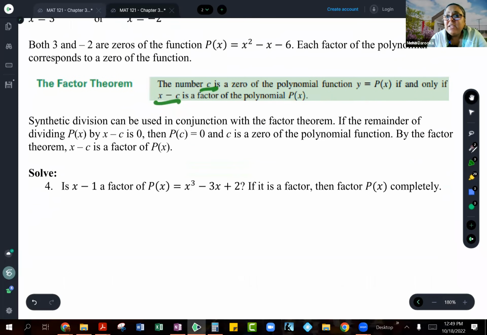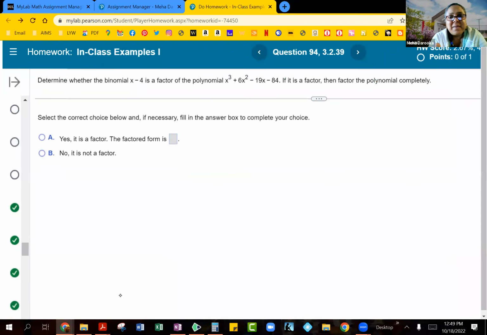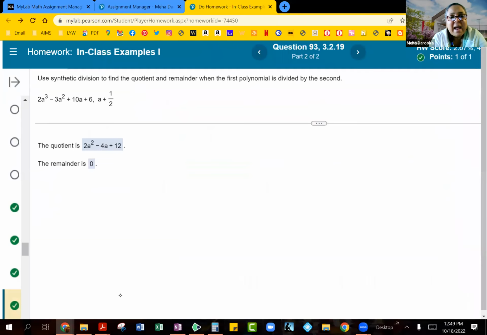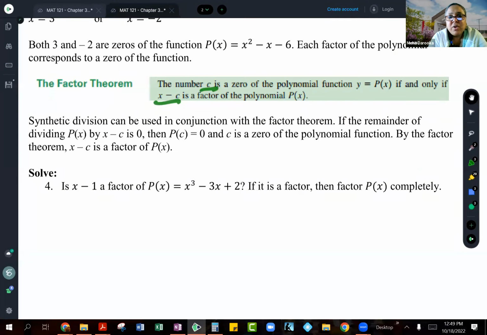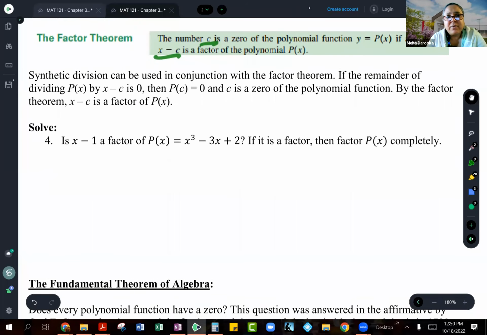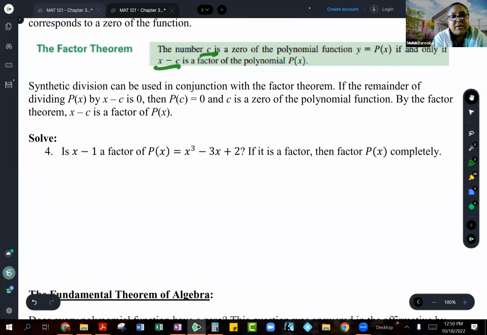Again, when you get a 0 remainder, that's how you know you have reached a factor. That's exactly what happened in this example over here, because we had a 0 remainder. When you get a 0 remainder, you have a factor for the polynomial you're trying to break down.